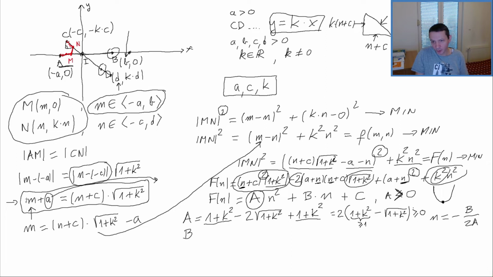And to obtain strictly positive, to obtain well-posedness, a problem which indeed has a minimum at one point, we actually need what I announced earlier, k different from 0.